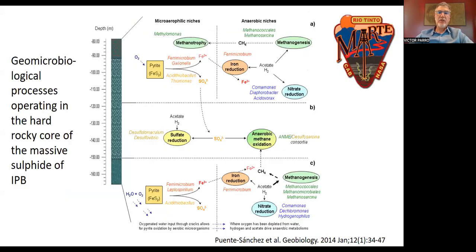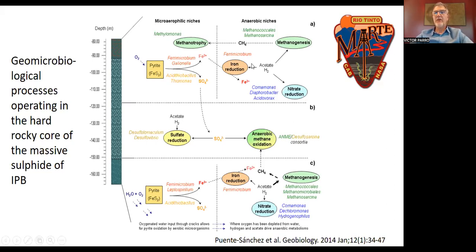So all together, we were able to make a summary of the main geomicrobiological processes that were operating in this part, where in the upper part, with small microaerophilic environments, microbes like Gallionella and others were able to do pyrite oxidation, others like Methylomonas methanotrophy, and in small, perhaps anaerobic patches there might be some methanogens, nitrate reducers, etc., perhaps using acetate or hydrogen as electron donors.